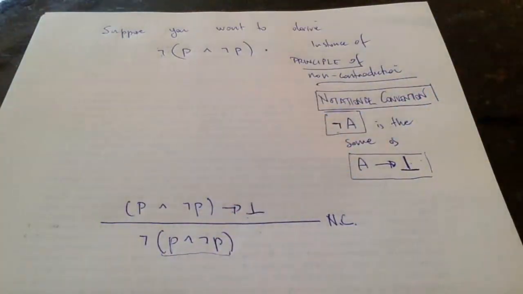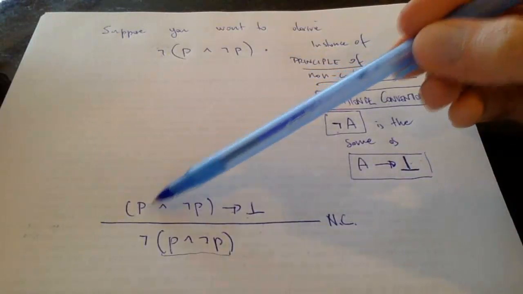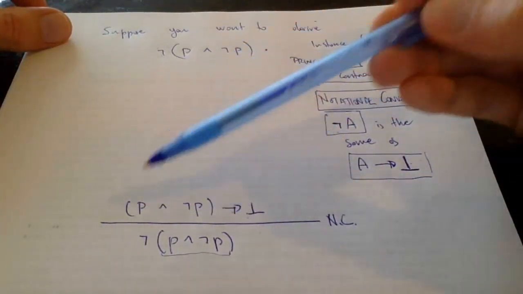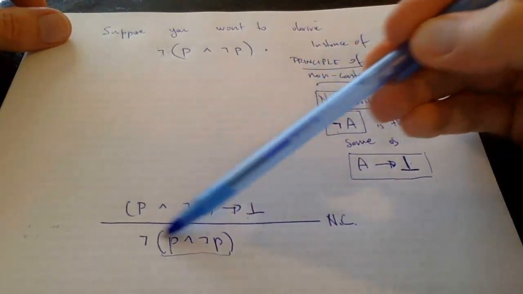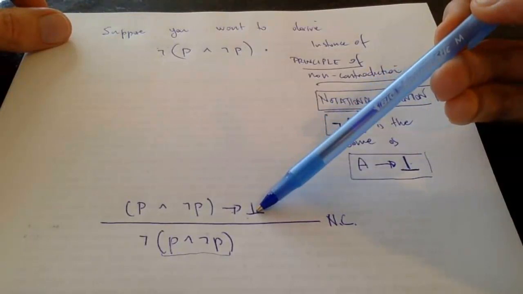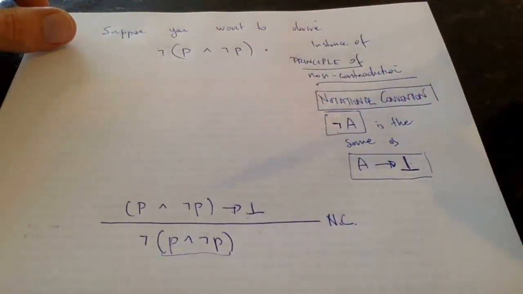So they're kind of interchangeable. There's no difference between the two. That's the notational convention. Now we are at this point, and you'll recognize that this is an implication. Has an antecedent, P and not P, whatever is on the left-hand side of the implication, and then as a consequent, this symbol of the contradiction on the right-hand side of the implication.